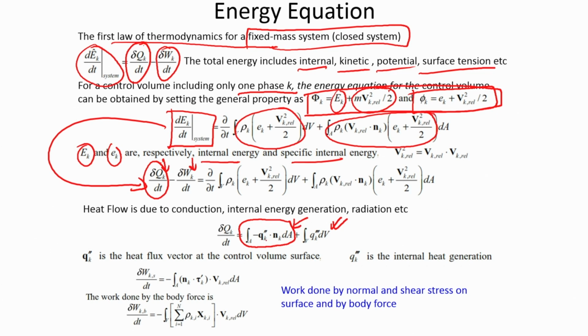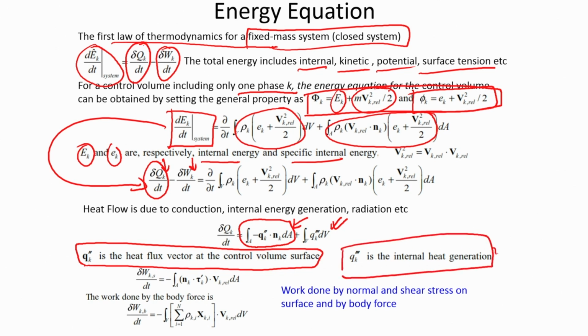So, this q k double prime into n k dA is nothing but the conduction heat flux vector at the control volume surface, and q k triple prime is nothing but the internal heat generation. Now, if we look at the work term over here, this work term is nothing but the work done by the normal and the shear stress and by the body force.